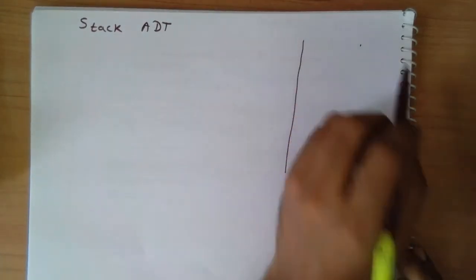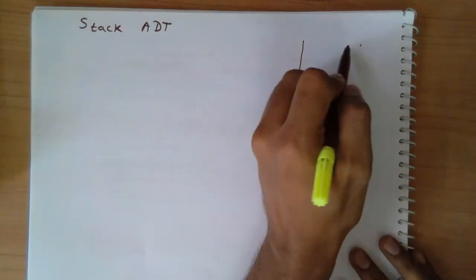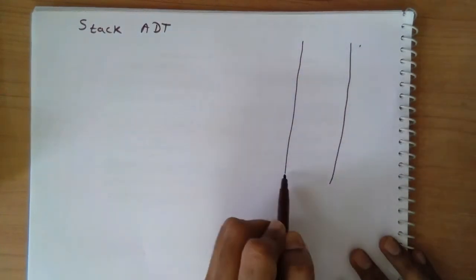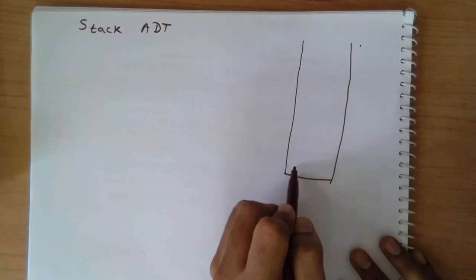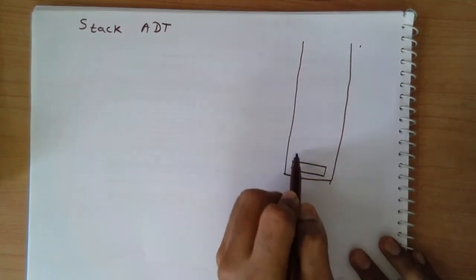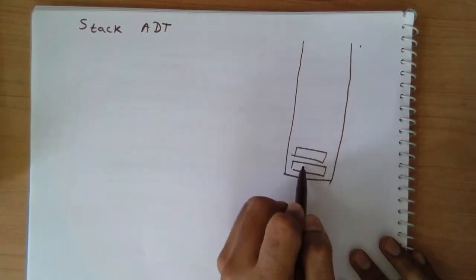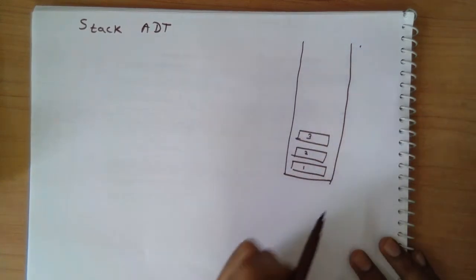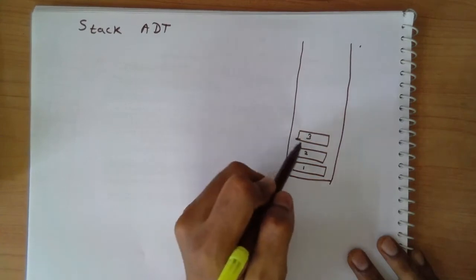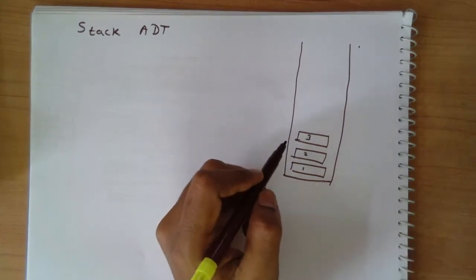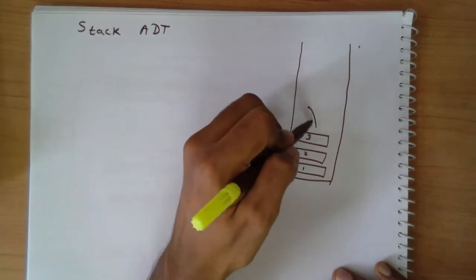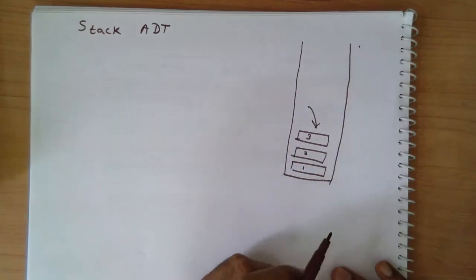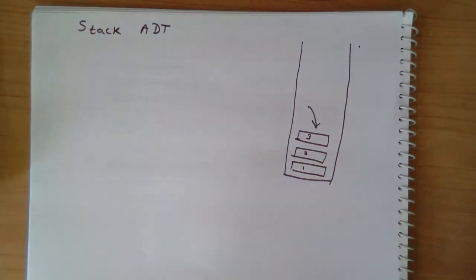Let's say I go on putting books here: book 1, book 2 and book 3. I put them one over the other, and if I have to retrieve a book from the stack, I will always pick up the top book. That's the way a stack is supposed to work.